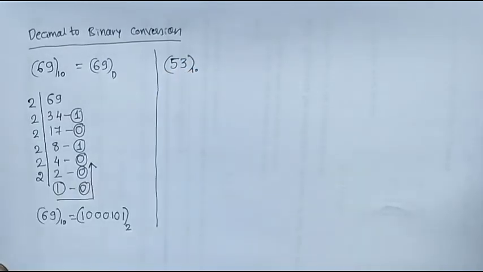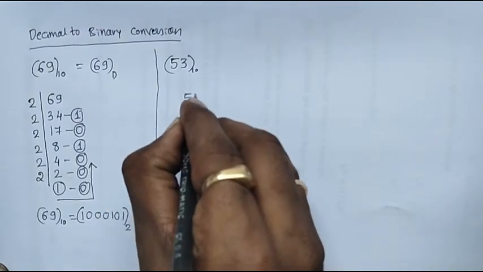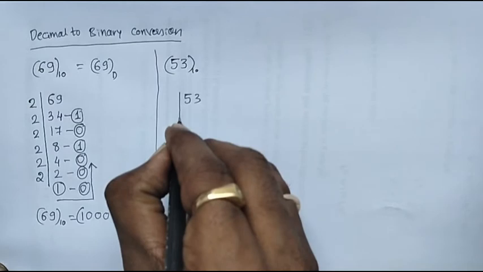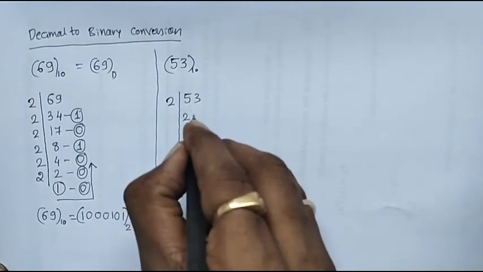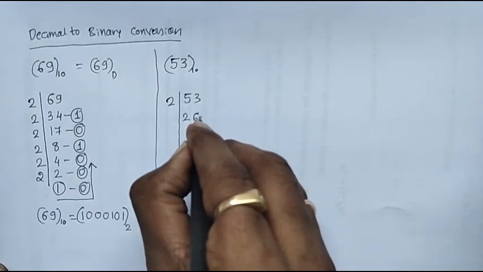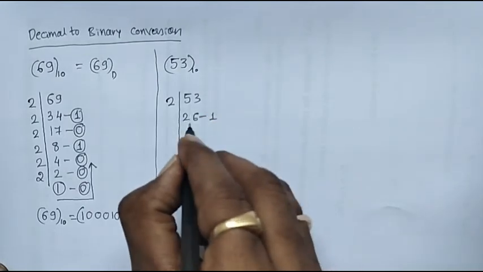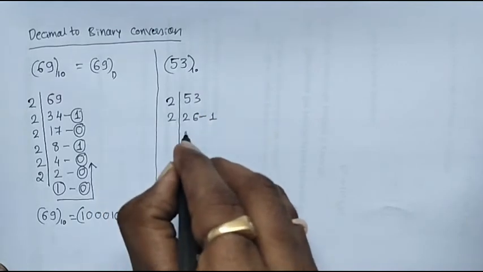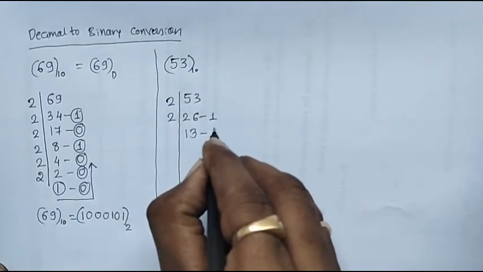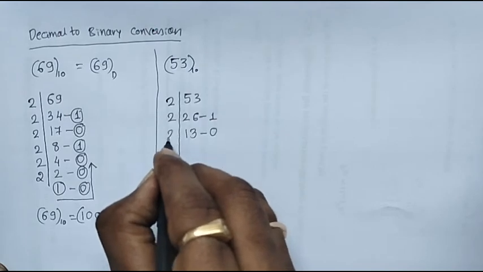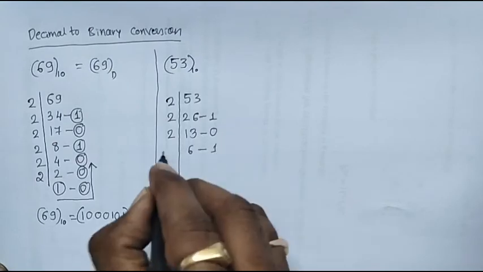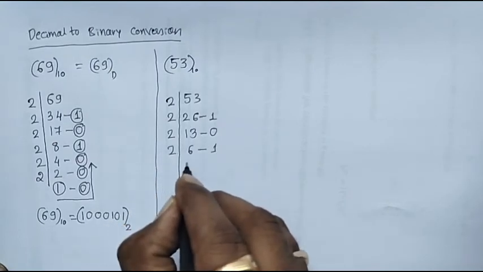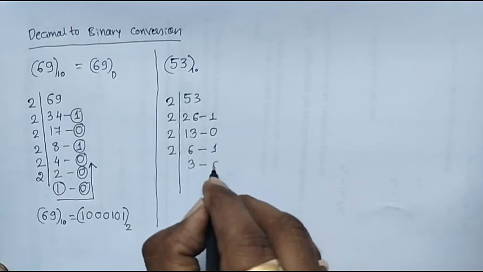Now let us take one more example, 53. Let's convert 53 into binary. Divide 53 by 2, we get 26, remainder is 1. Divide 26 by 2, we get 13, remainder is 0. Divide 13 by 2, we'll get 6, remainder is 1. Divide 6 by 2, we'll get 3, remainder is 0.